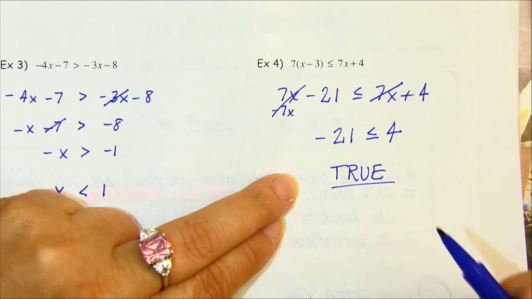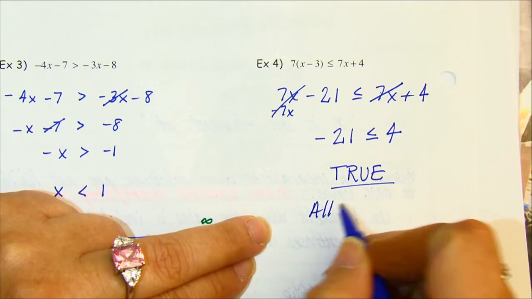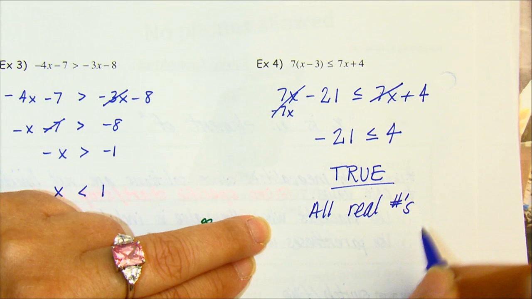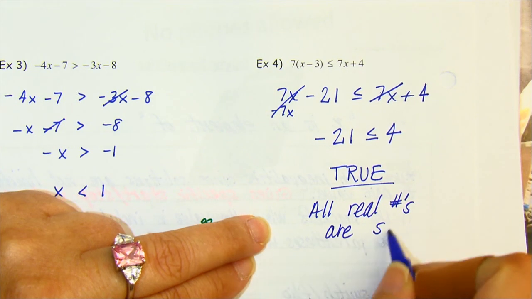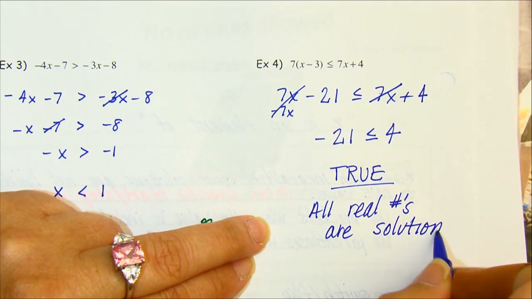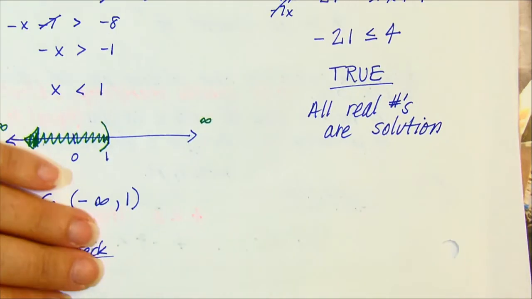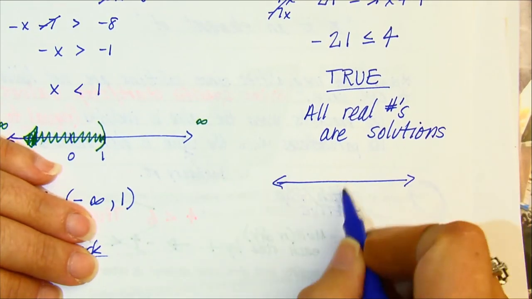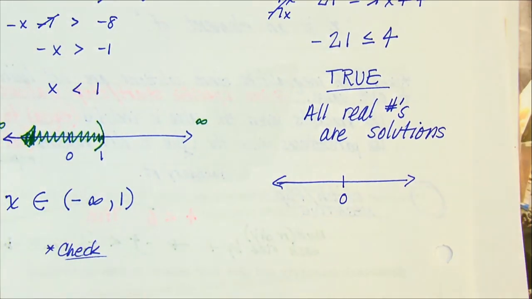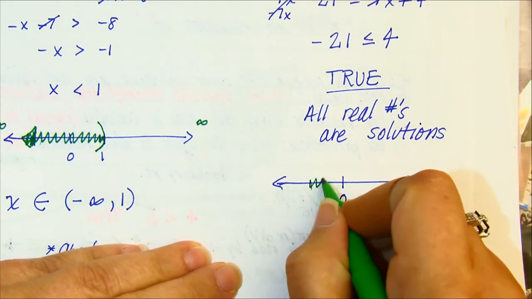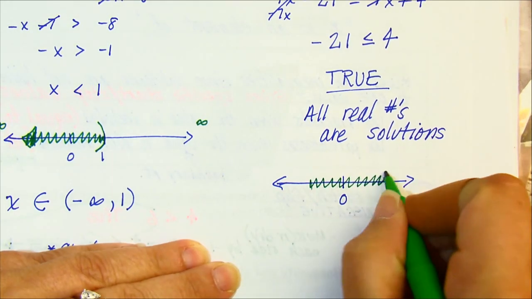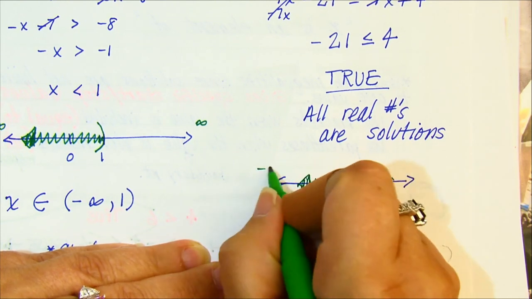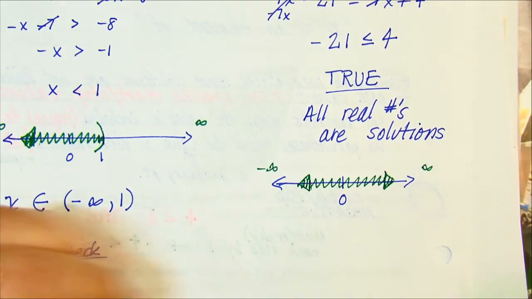And since this is true, then all real numbers are solutions. So I'm going to draw a graph, put 0 in the middle, and what I'm shading here is the whole entire number line, from left to right, negative infinity to positive infinity, including the 0.